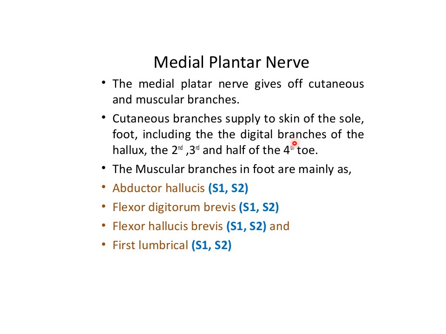So cutaneous branches from the medial plantar nerve supply skin of the medial 3.5 toes. That means the great toe, the second, the third and half of the fourth toe, and also the larger medial part of the sole.